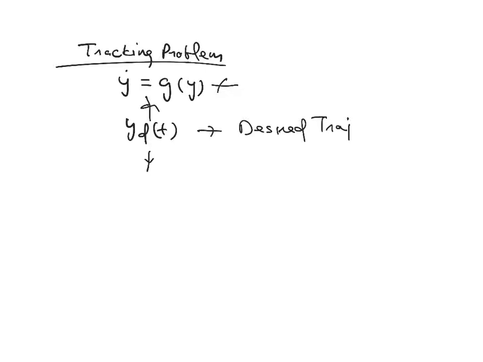If y desired of t is not a solution of y dot equals g of y, then I cannot track the trajectory. So that means y dot desired, if I just differentiate it, should be equal to g of y desired.